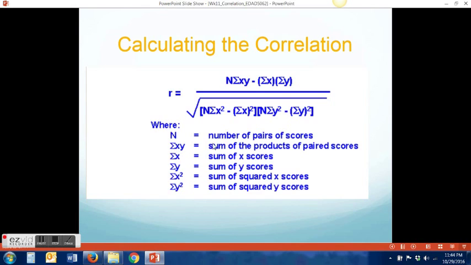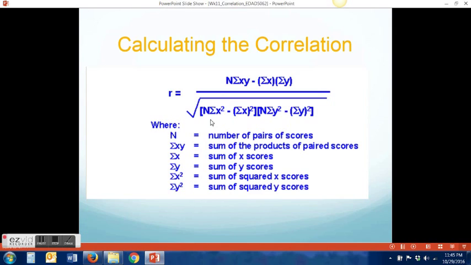Now, our formula is defined down below, where n is the number of pairs of scores. So we had 20, right? Our n is 20. The sum of the products of the paired scores, the height and the self-esteem scores, goes into the equation here. And then we're also taking the sum of the x's and the sum of the y's, multiplying those. We're going to take these two products and subtract them from one another.